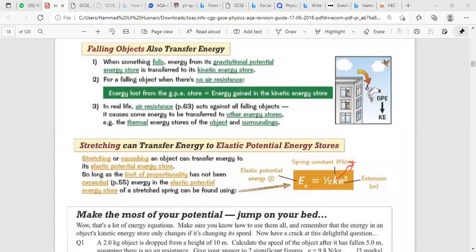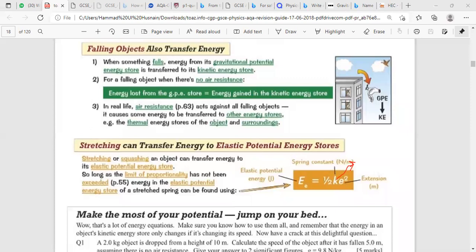It is the property of that spring, which varies with different types of springs, showing how compressible or how stretchable that spring is. So this is k.